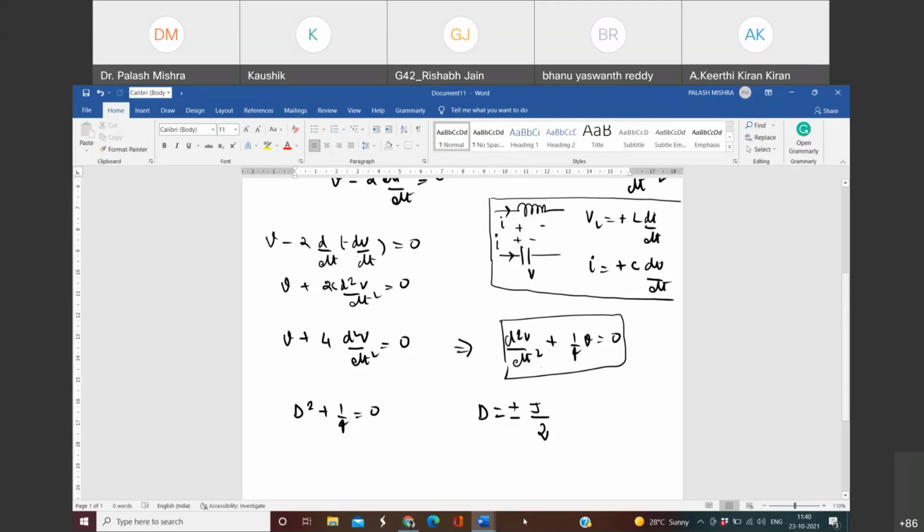So what is the natural response of the system, VN(t)? Any guess? A e to the power of whatever the roots are. So A e to the power of j by 2 times t plus B e to the power of minus j by 2 times t.